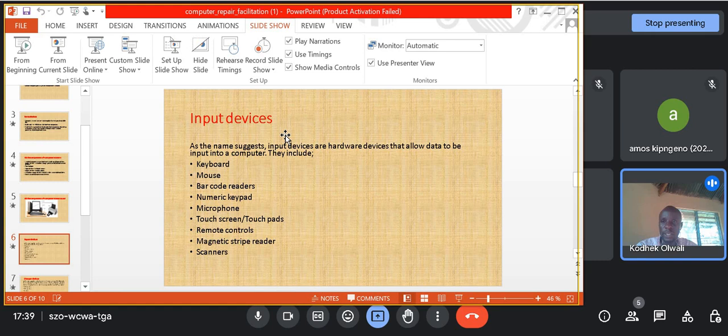Input devices, as the name suggests, allow data to be input into a computer system.